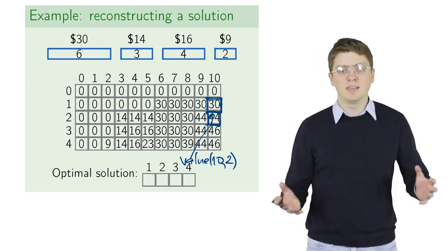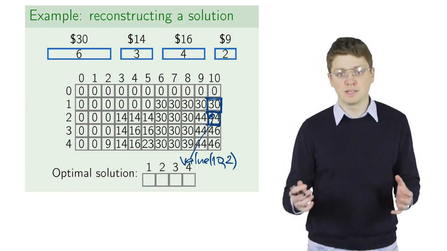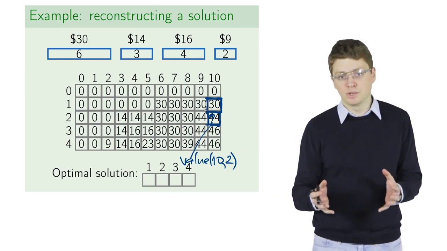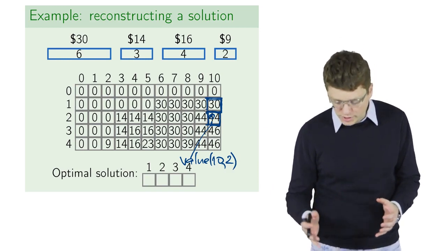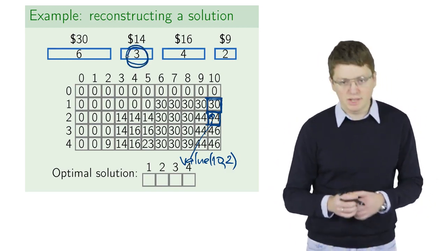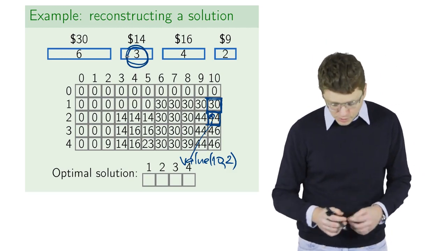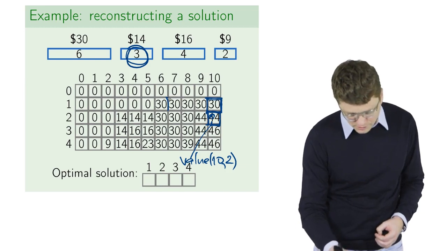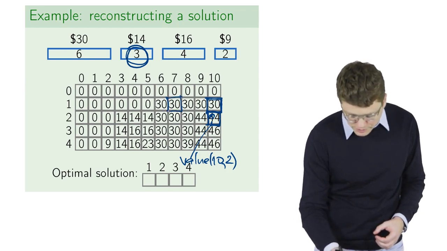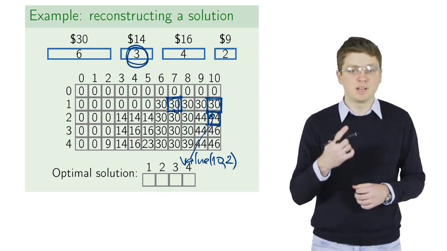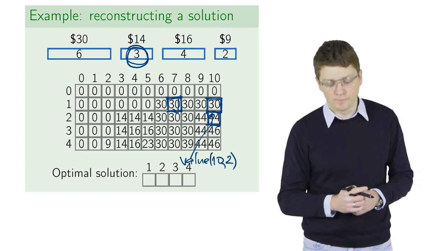On the other hand, if the second item is used, then if we take it out, what is left is an optimal solution for a knapsack of total weight 10 minus 3, because 3 is the weight of the second item, which means that it is an optimal solution for a knapsack of total weight 7 that is only allowed to use the first item.